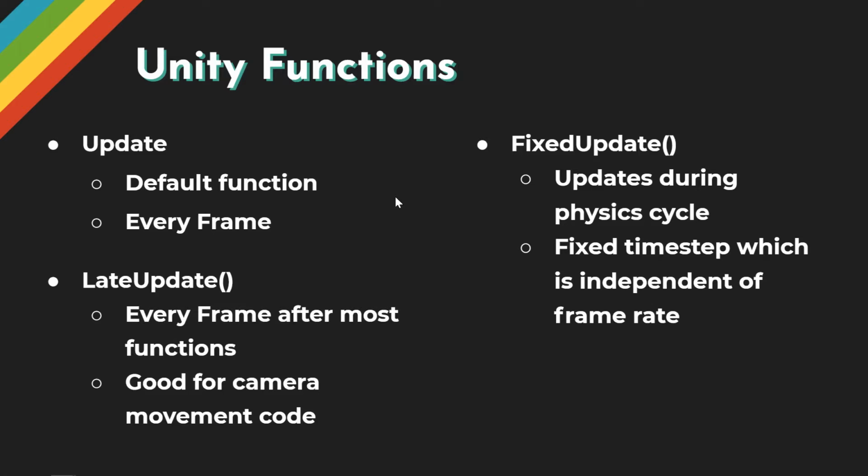So, update, based on what you said, seems super unstable depending on people having different computers. So why would you want to have that over fixed? That's a good question. It's unstable for specific movement and stuff like that, but for most game logic, it's okay.